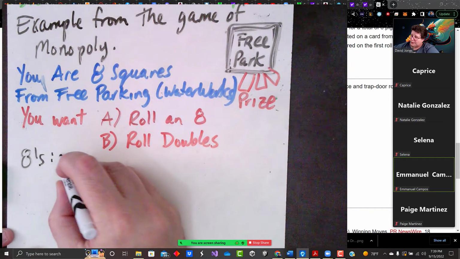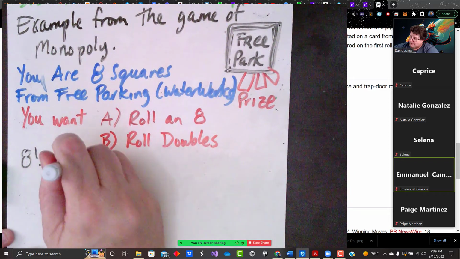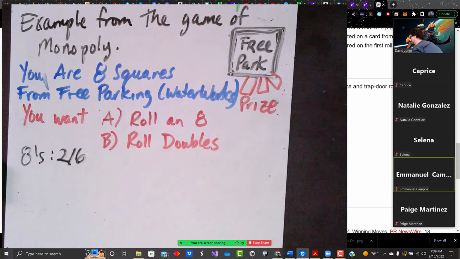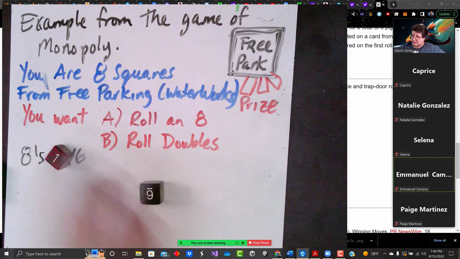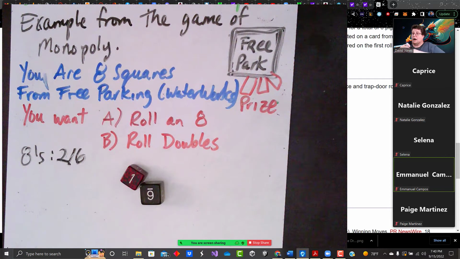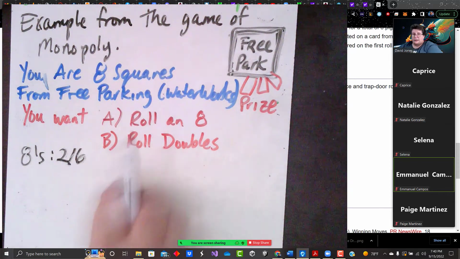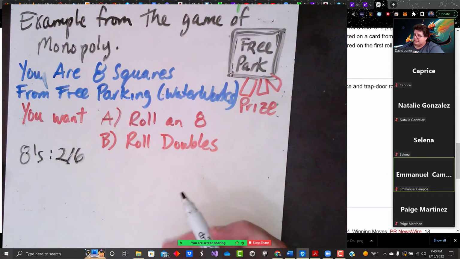I could roll a 2 and a 6. And I think I want to use a different colored die for this, because this kind of matters. Use red and black. So I could roll a 2 and a 6.